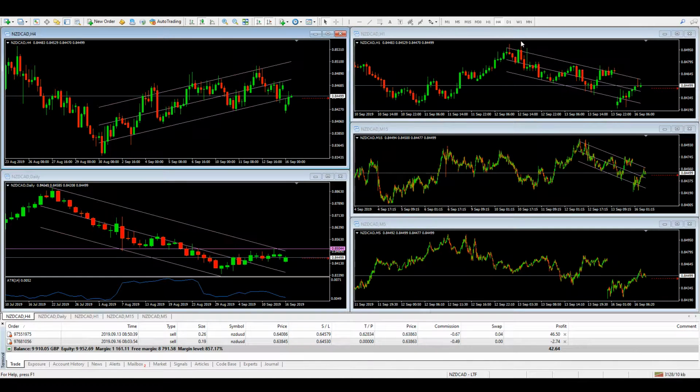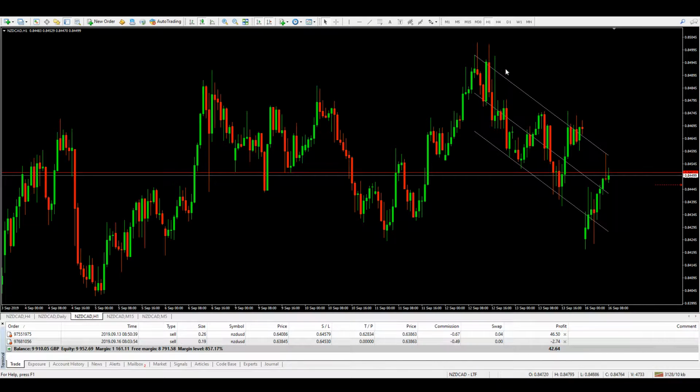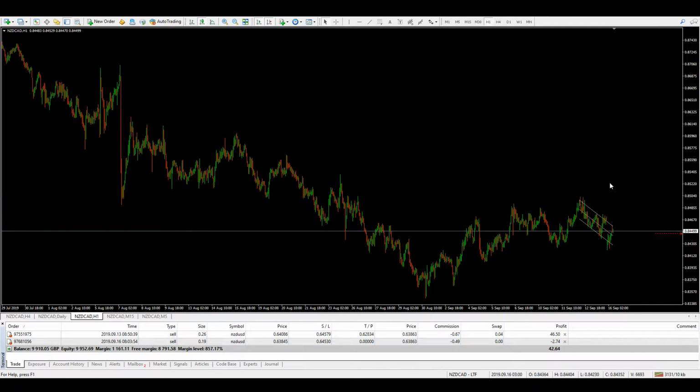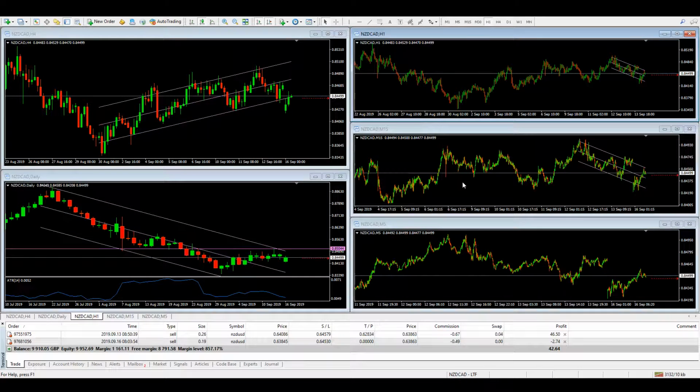And we've got context on our hourly as well with lower lows and lower highs. Standard deviation still makes sense as well. It's still interacting with the upper edge and lower edge nicely. So if I weren't already in NZDUSD, I'd be considering this.